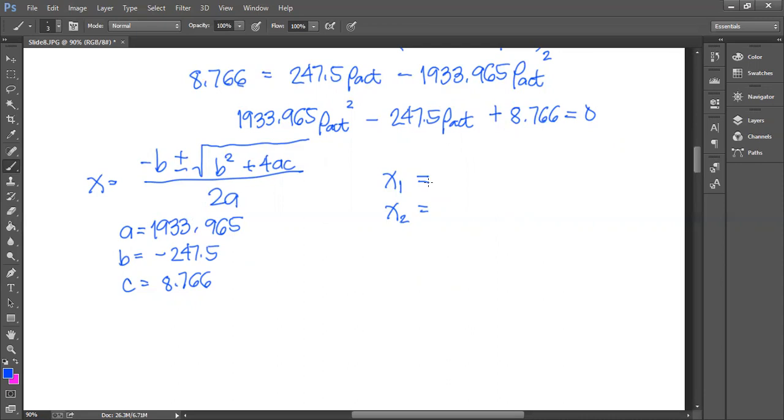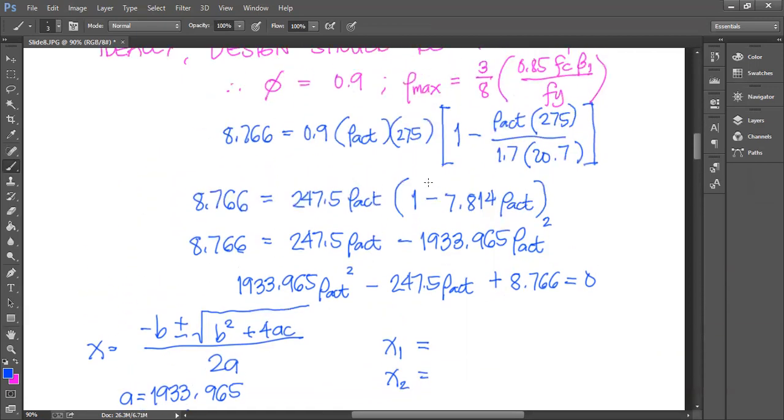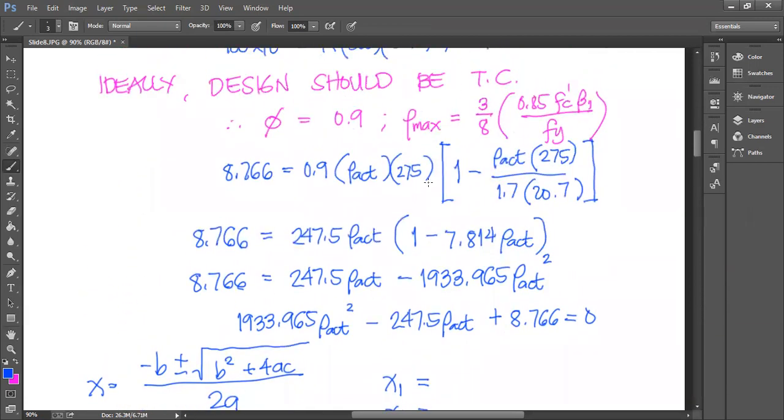Sa case natin, so dito sa nakuha ko, meron tayong imaginary na number. So meaning to say may mali ako doon sa equation natin. Ngayon, dito sa mali ko sa equation, i-check ko muna nga kung saan ako possibly nagkamali.